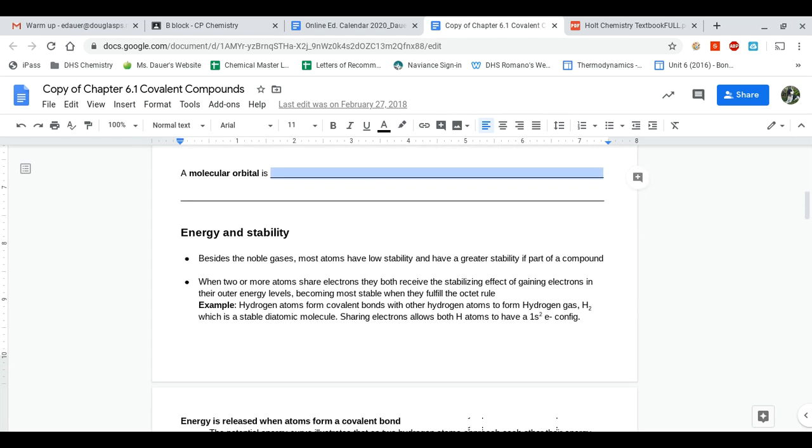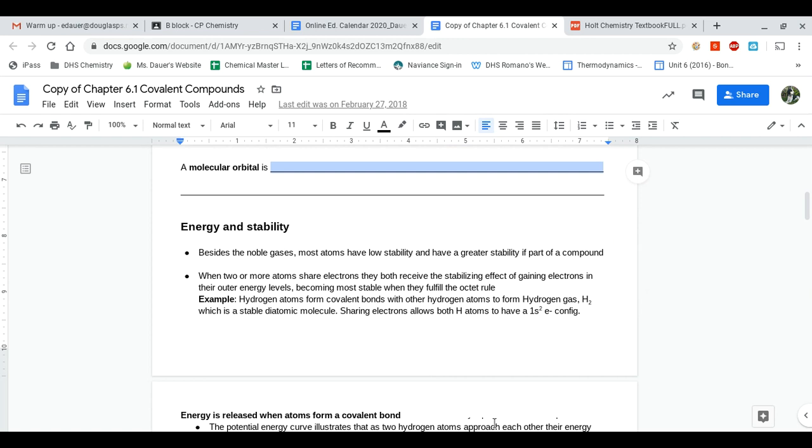All right, moving right along here, we have a little bit about energy and stability. We are still talking about the stability of a complete octet. In ionic compounds, we got a complete octet, or that completed energy level, by gaining or losing electrons. Again, that's why we talked about ionic compounds as fully transferring electrons, because they fully gain them or they fully give them up.